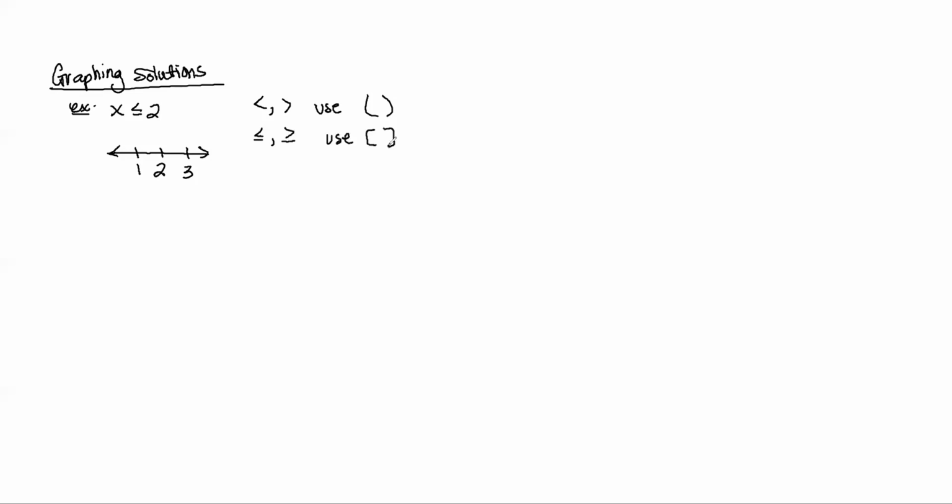And the way I remember the difference is brackets have these kind of hard lines that look like equal to's if we got rid of the vertical part here. So it has the matching equal to in the less than or equal to and greater than or equal to. But one thing we have to note here is that you always use parentheses with the infinities, positive infinity and negative infinity.